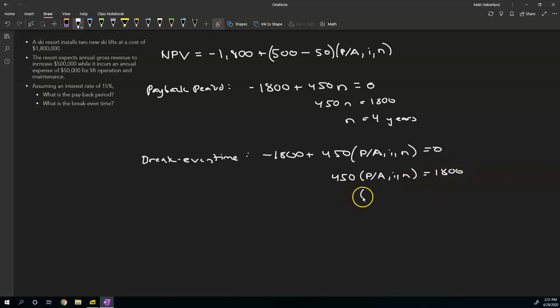And so we know that the discount factor, P over A, i, n, has to be 4 with the 15% interest rate. So i is equal to 15%. That just means we need to look in the discount factor tables corresponding with 15% and find the value of n that gets us the discount factor being 4.